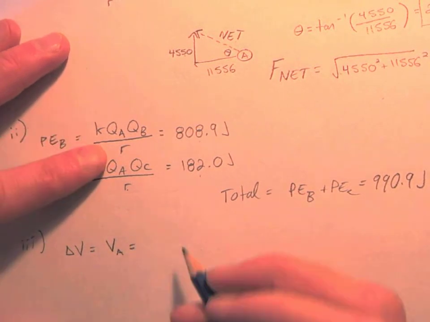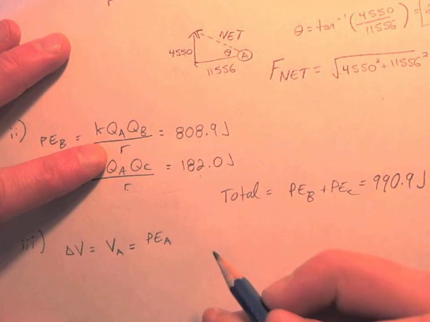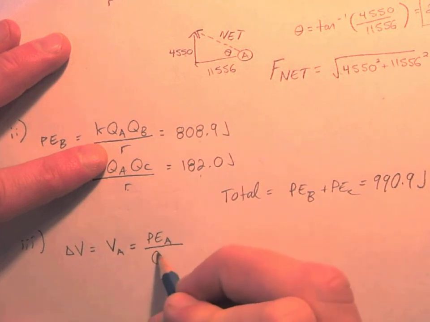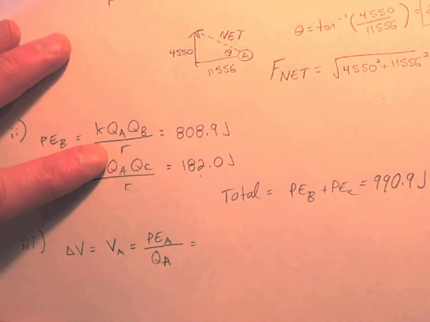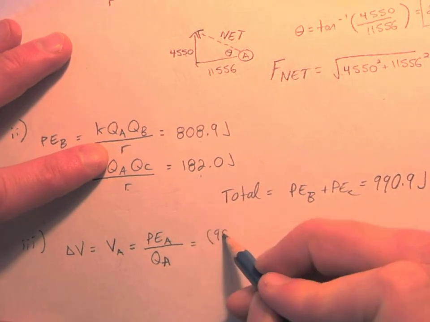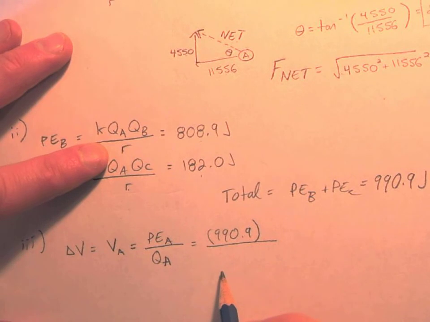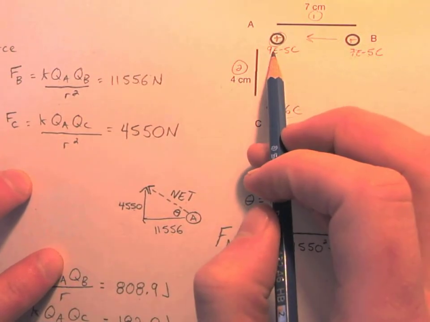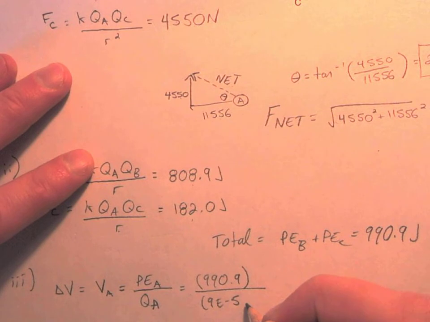So the volt at A is just going to be potential energy to get to spot A divided by your charge of A. And this is just going to be our 990.9 joules to get there, divided by how much charge A has, which is a small amount, 9e to the negative 5 coulombs.